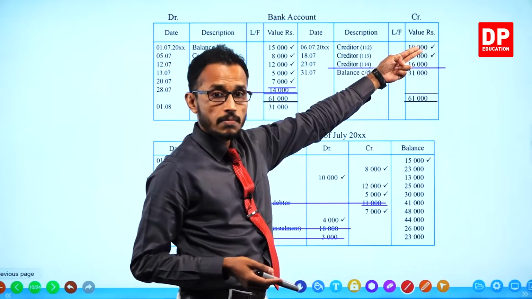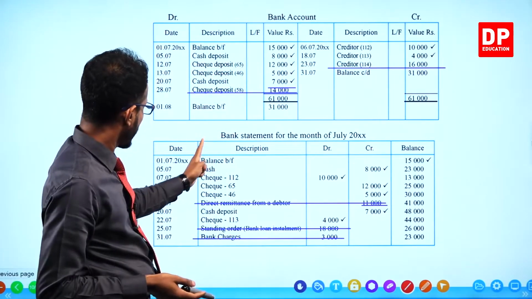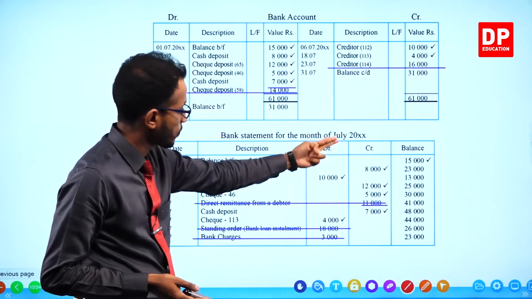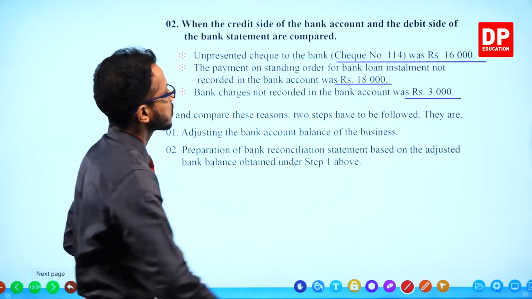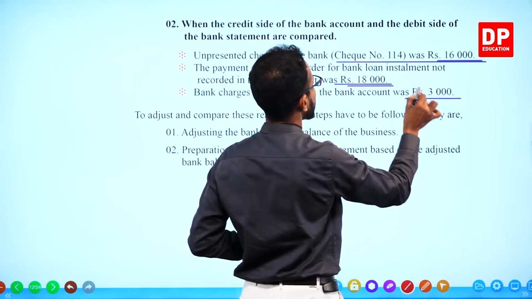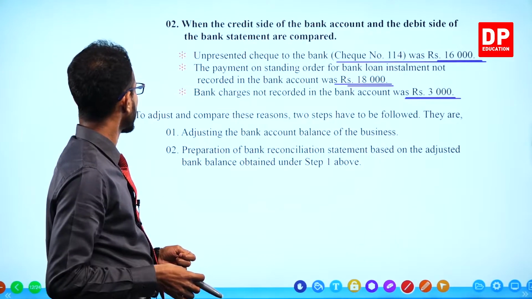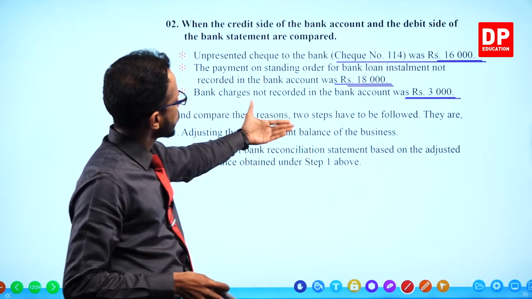Credit side of the bank account, 16,000 we found, and on the debit column of the statement we found 18,000 and 3,000. 16,000, 18,000 and 3,000.